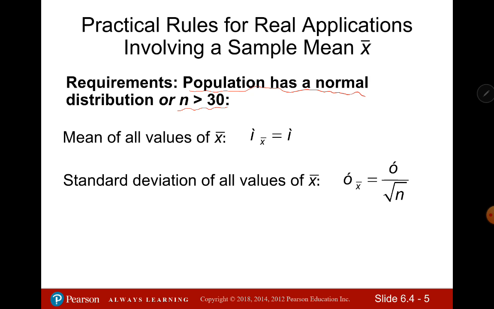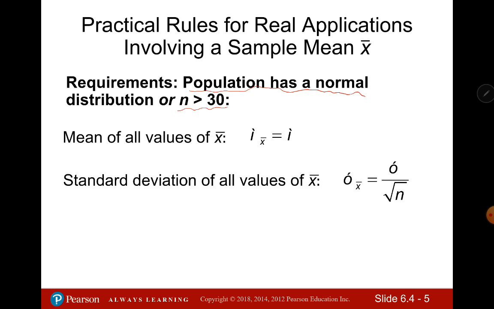So either condition is qualified, then we can continue to use the central limit theorem. It's not necessary for both of them to be satisfied at the same time. Only one is enough.